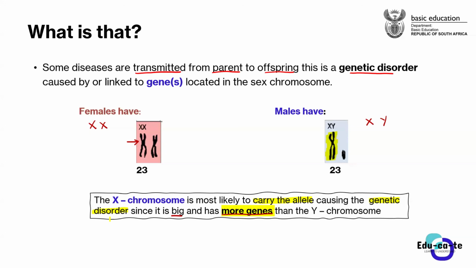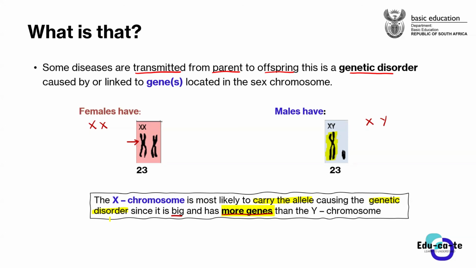When you are colorblind as a child, where did you get that color blindness? You got it from the X chromosome of either one of your parents.